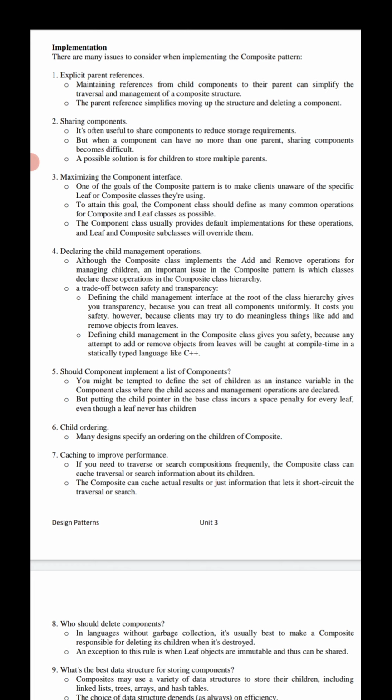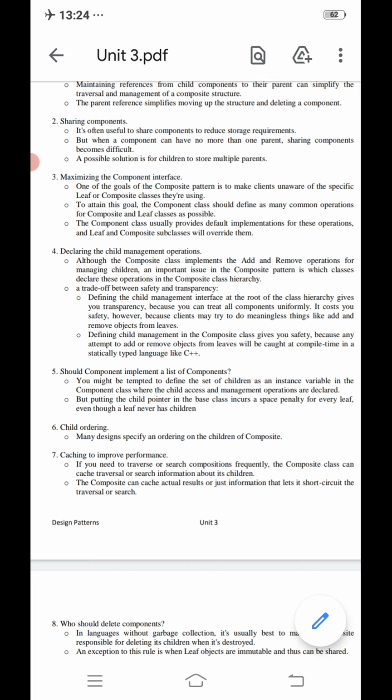It works in that particular case wherever the children can avoid sending a parent request by externalizing some or all of their state. So we can say, when a component can have no more than one parent, sharing components must be difficult.